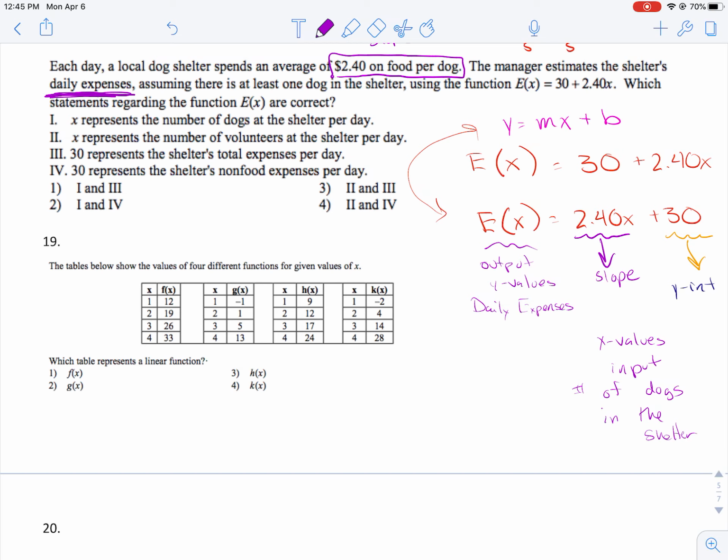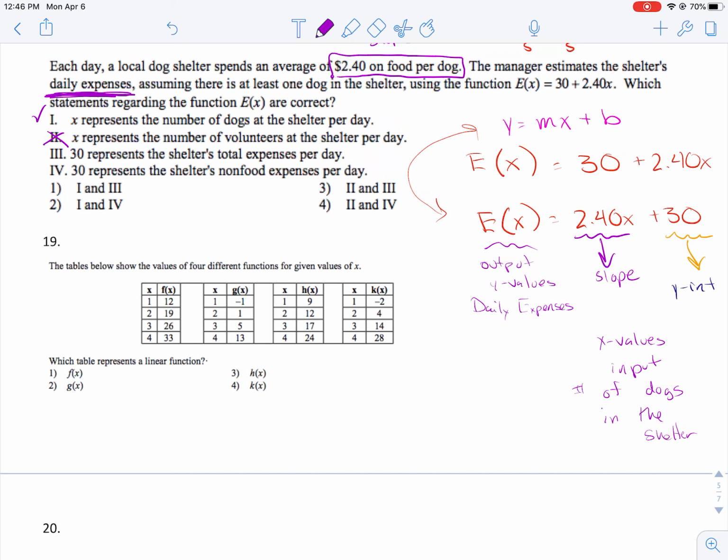Is just the number of dogs in the shelter. Okay? Just the number of dogs in the shelter. All right. So, we've just dissected what this function really means. All right? So, let's read down through our choices here and see which one of these doesn't make sense, or maybe they all make sense.